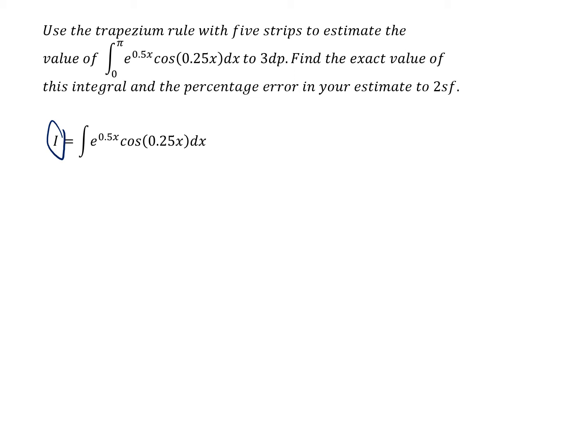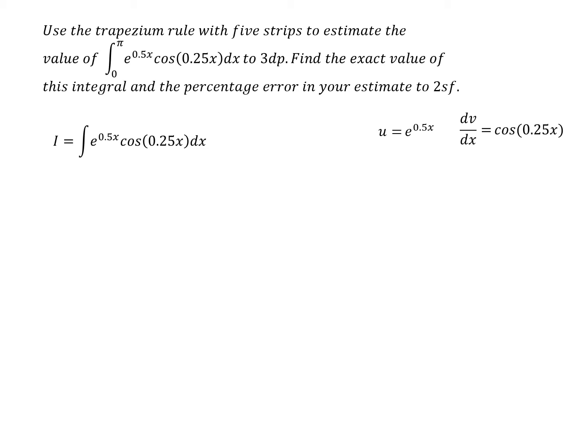So if the integral I is this one, then I've got 2 functions being multiplied together, so I can use integration by parts. And it doesn't really matter too much which one I choose to be the u and which one I choose to be dv/dx. So I'm choosing them this way round.